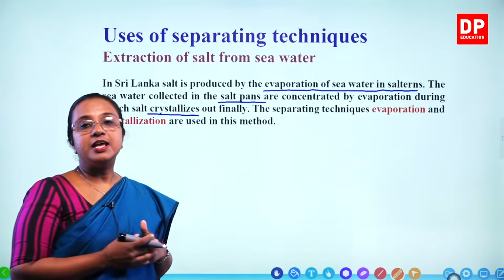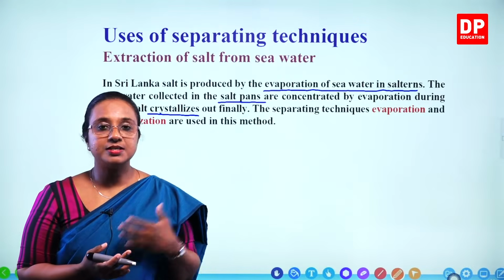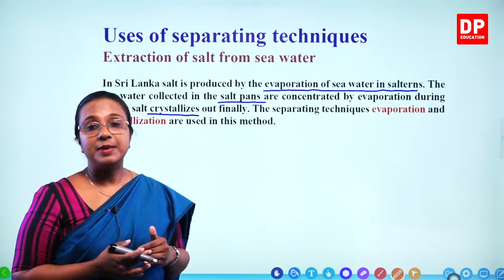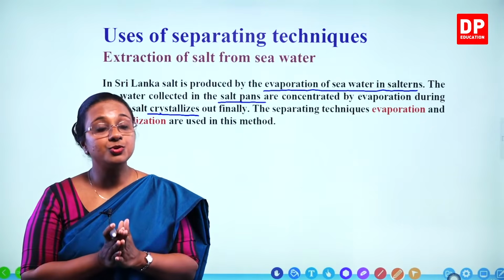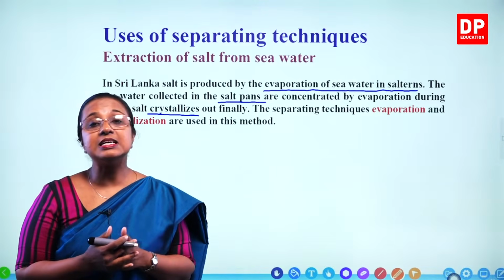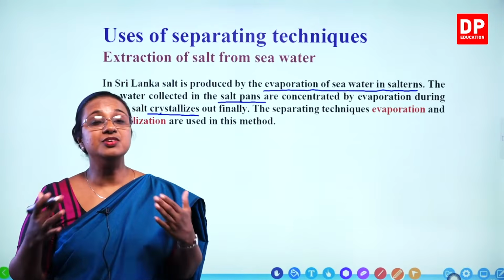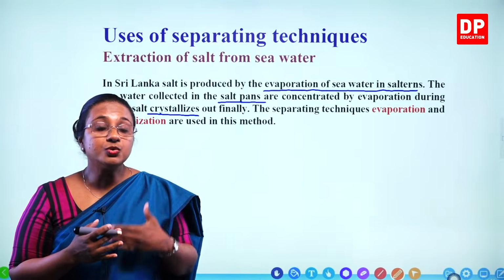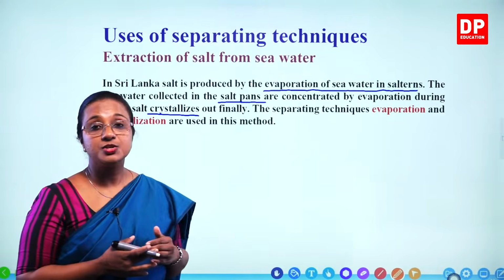This is a very common industrial process that occurs in our country, the salt turn method. You would have seen that these salt turns are usually present near the sea in a very hot, warm, dry area. Those are very suitable environmental conditions for the production of salt.